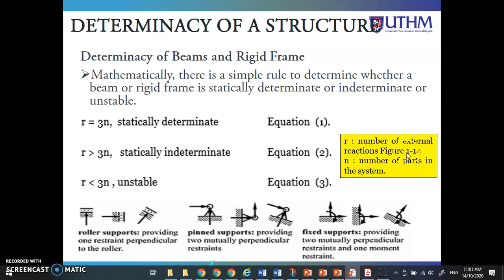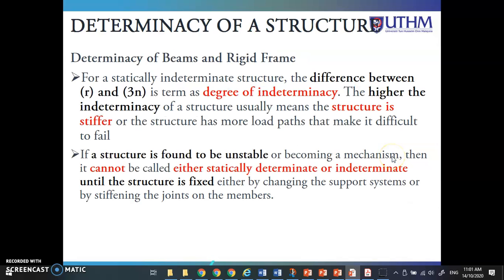Okay, so this is the maksud dia. R adalah external reaction, number of external reaction, dan N adalah number of part in the system. Okay, and the difference between R and 3N is called as a degree of indeterminacy.